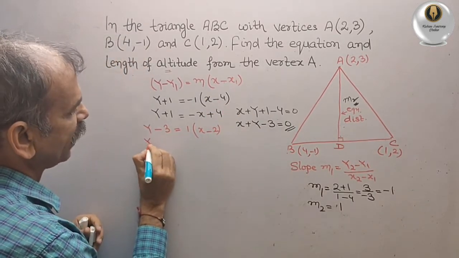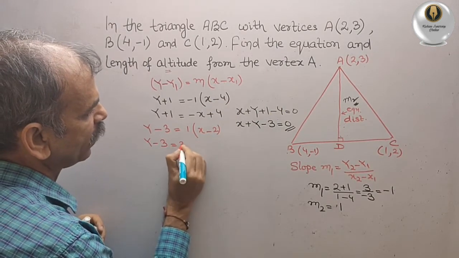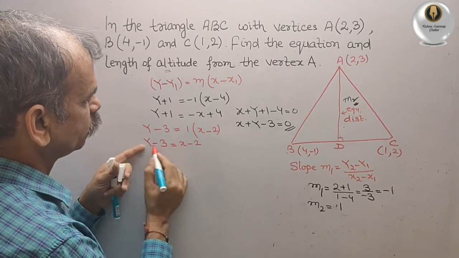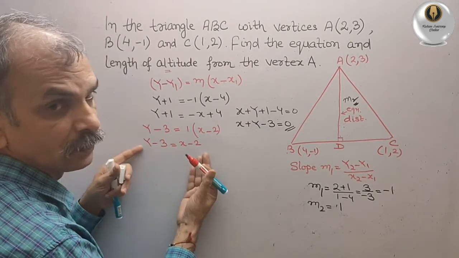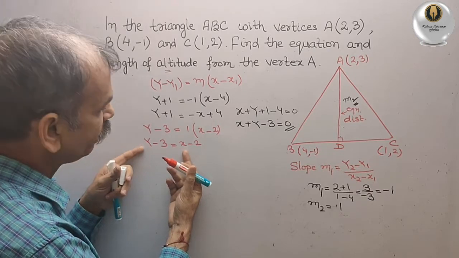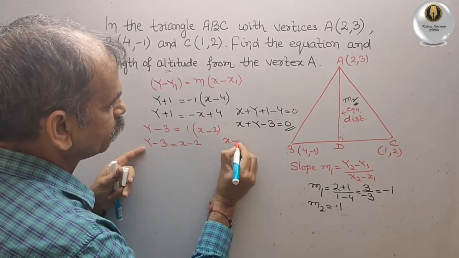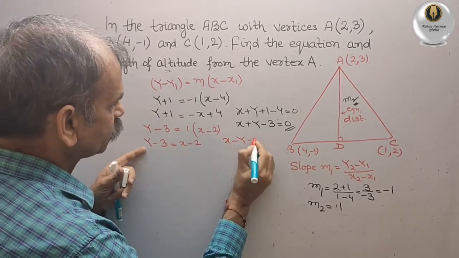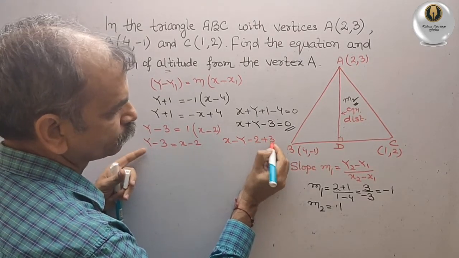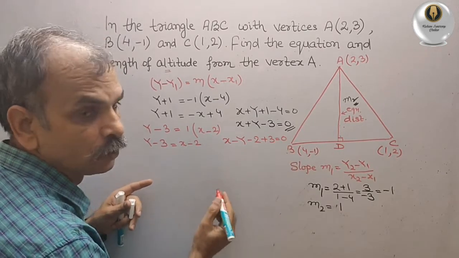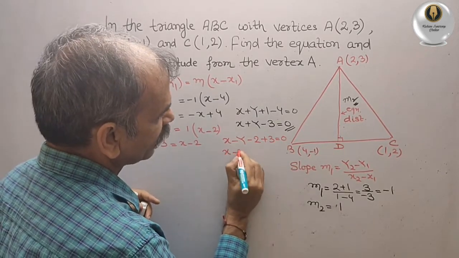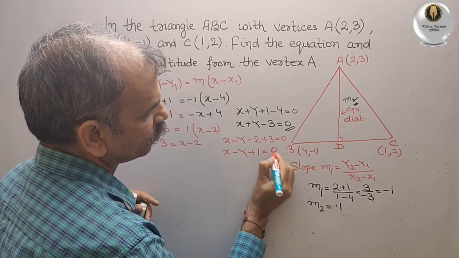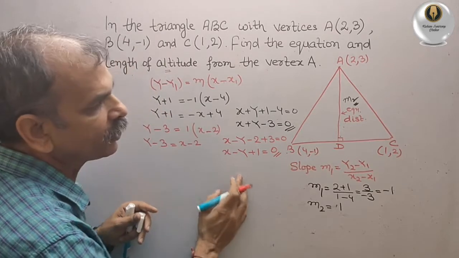Solve this. Y minus 3 is equal to x minus 2. Now what we will get? Bring this to this side. X is here positive. We will get x minus y minus 2 plus 3, that gives you 0. That means x minus y plus 1 is equal to 0. So this is your equation for this line.